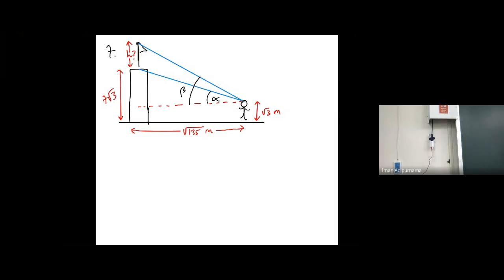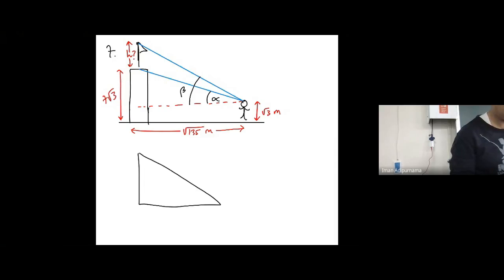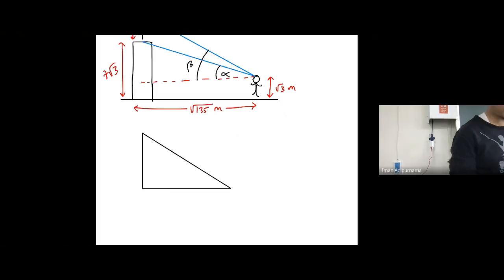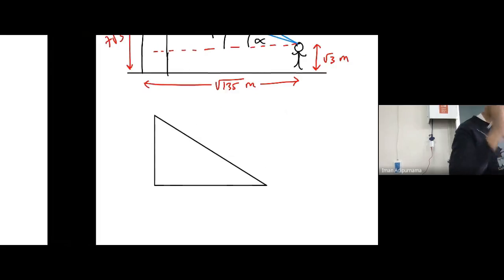Okay. So first, the obvious thing is the square root of 3, and then this 7 square root of 3. So you have a triangle, right? Now let me draw the triangle. Let me check.